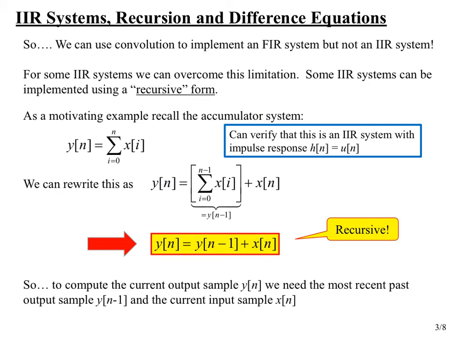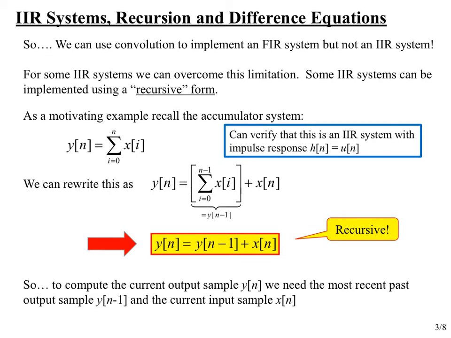We'll talk about, in general, IIR systems and recursion and difference equations. So we've seen that even though convolution can theoretically describe either an FIR system or an IIR system, to actually implement the system in our computers, convolution really only tells us how to handle the FIR case.